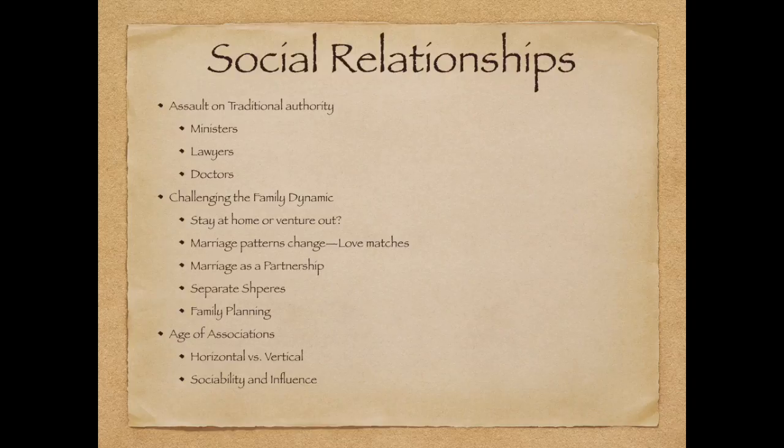This period witnessed the widespread substitution of horizontal allegiances for vertical allegiances. In a vertical allegiance, authority flows from the top down and from social superiors to their subordinates. Subordinates identify their interests with those of their superiors rather than the people around them who occupy the same subordinate role.